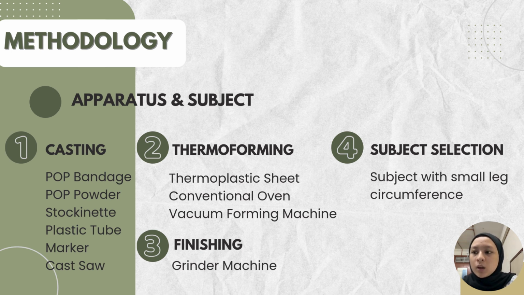For thermoforming, the material used is thermoplastic sheet that needs to be heated in a conventional oven and shaped using a vacuum forming machine on the positive cast later. The finishing process involves trimming and smoothing using a grinding machine. And lastly, for the subject, we are advised to choose the subject with the smallest leg circumference among group members for easier handling.